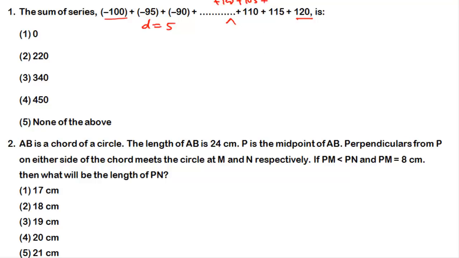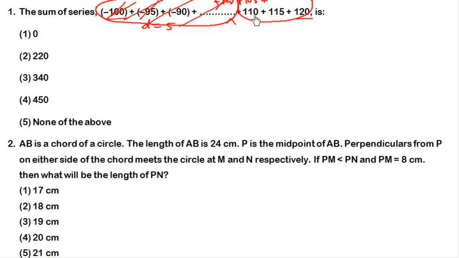So from plus 100 till minus 100, all the numbers if I add will nullify each other: plus 100 will nullify minus 100, plus 95 will nullify minus 95, and so on. This entire thing will vanish and we'll be left with these four numbers.